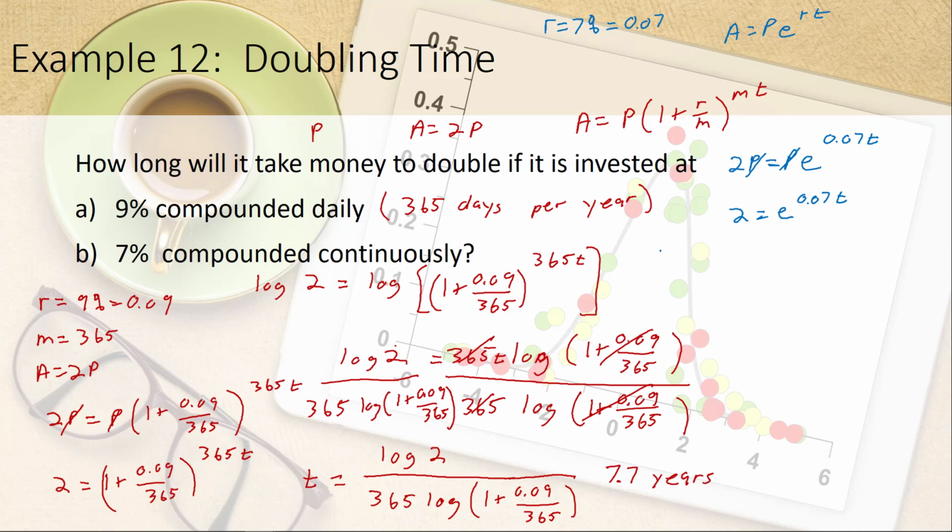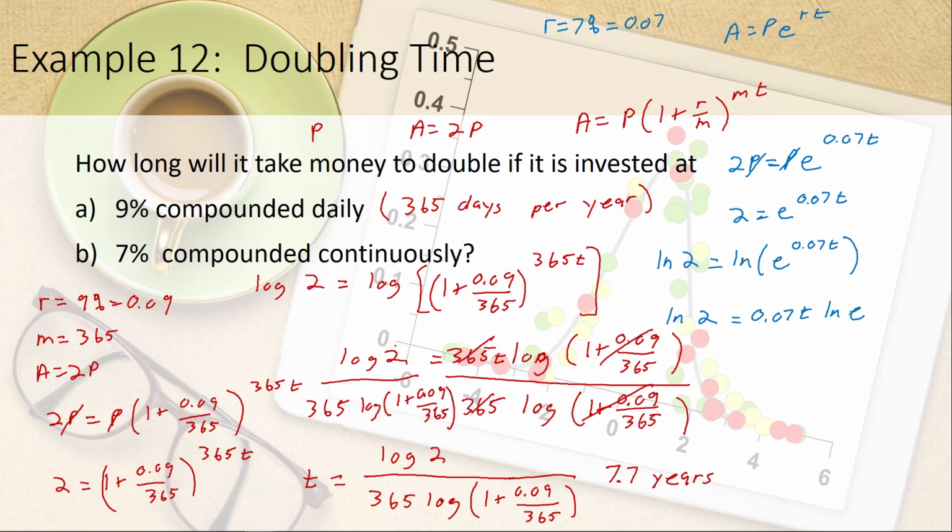And if I do, I'm going to have the natural log of 2 is equal to the natural log of e to the 0.07 t. Using the property of logarithms, we can write the right-hand side as 0.07 t times the natural log of e. And of course, that's going to be equal to the natural log of 2.